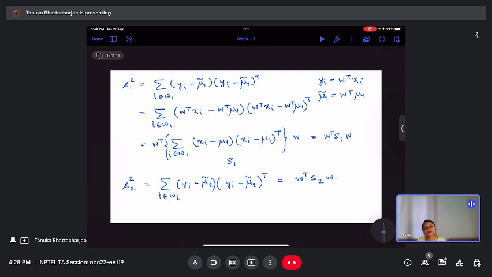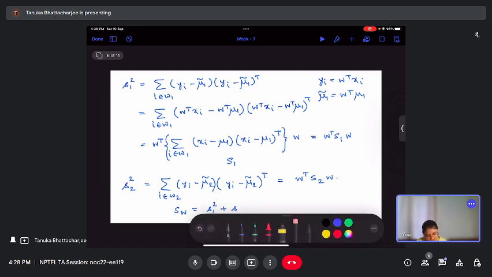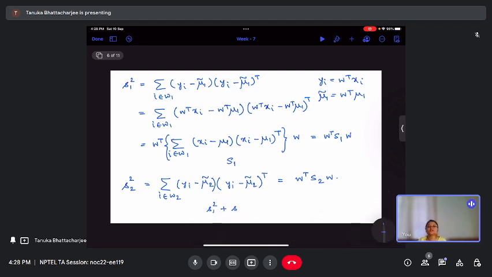So, if you try to take the total intra-class scatter in the projected space, that will be S1 square plus S2 square, and that is equal to w transpose S1 w plus w transpose S2 w.